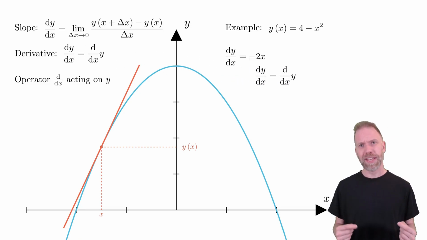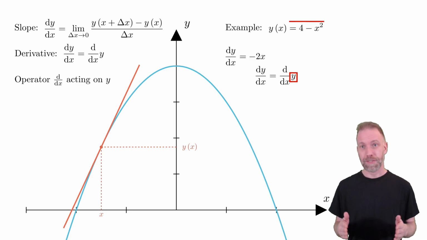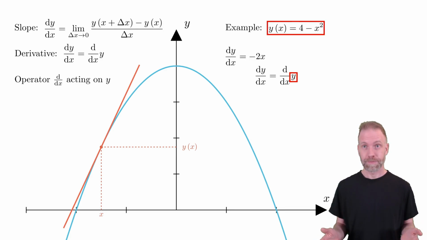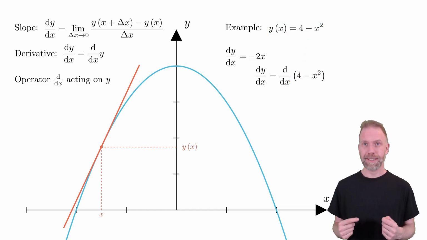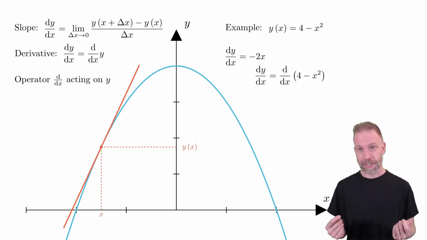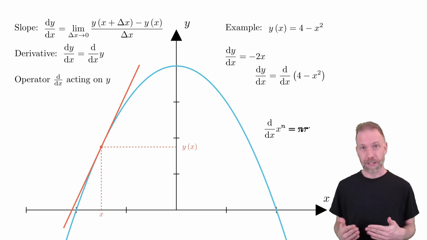The benefit of thinking of it as an operator is that we can replace y by the expression for the function instead. Now we have that dy dx is d dx of 4 minus x squared. And then we could calculate the result by the traditional formula for taking derivative of polynomials.